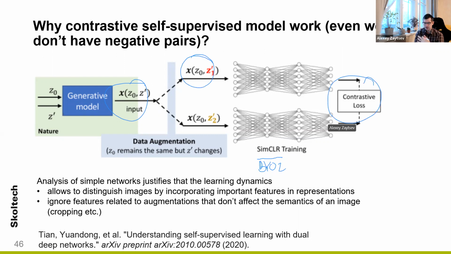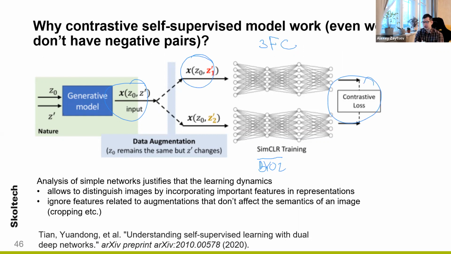And it turns out that if we analyze this dynamic for simple networks, not convolutional networks but fully connected layers, we get the features we have in our data that are produced by our augmentation.